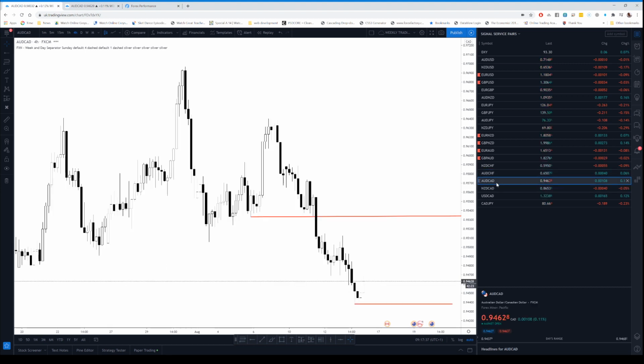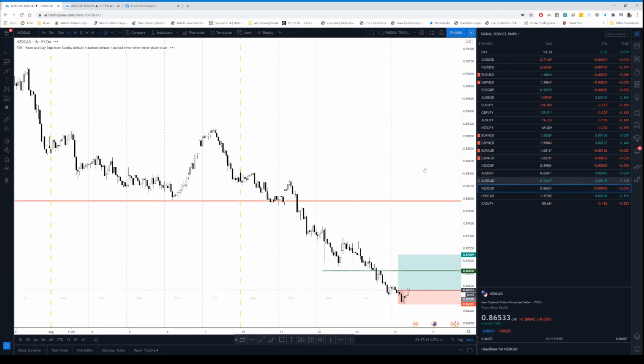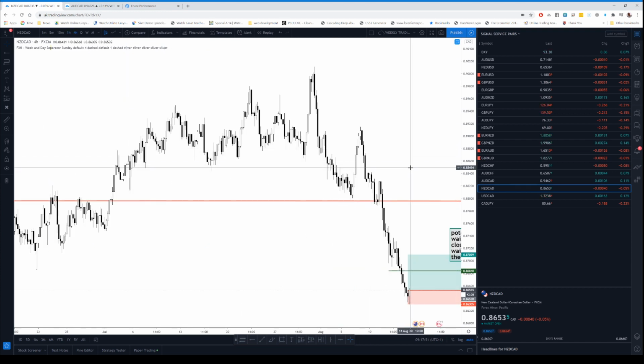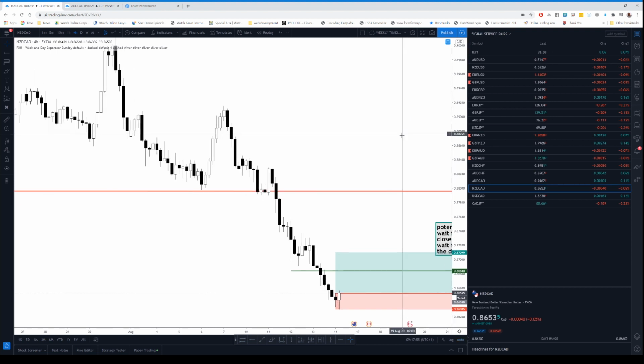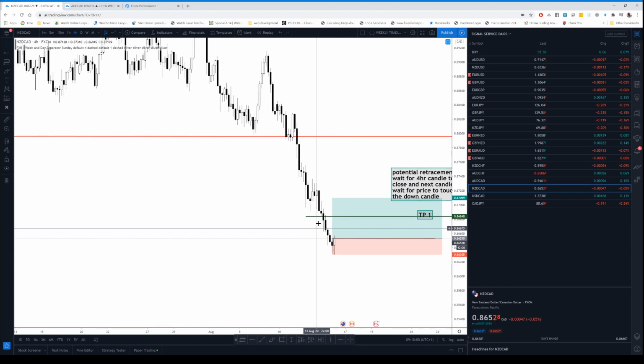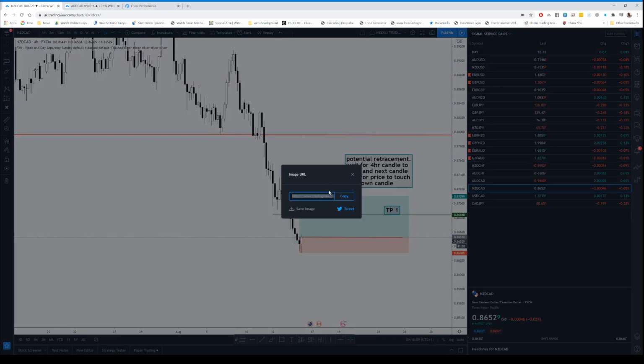Yeah, I think it was Aussie Cad. New Zealand Cad. Can't remember. I did call something like that, and then it just blew through. It went beyond that 50%. So hold on to some of it. If we do get the scenario, hold on to some of it, and then see how far this is gonna go. So I'm gonna take a picture again, and send it here.